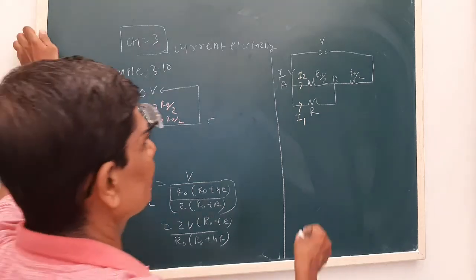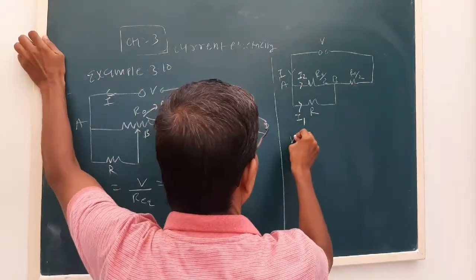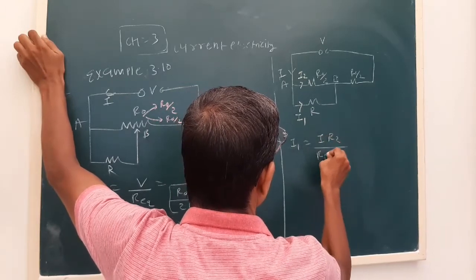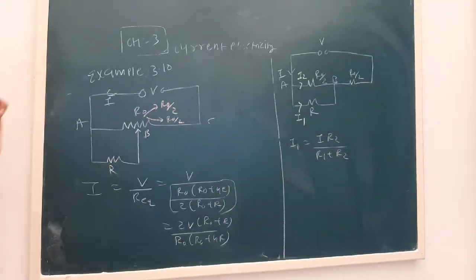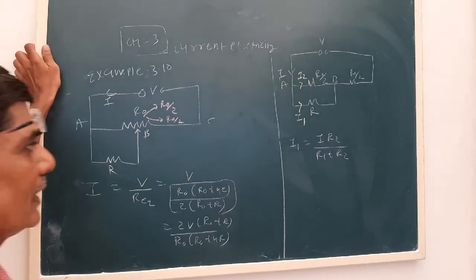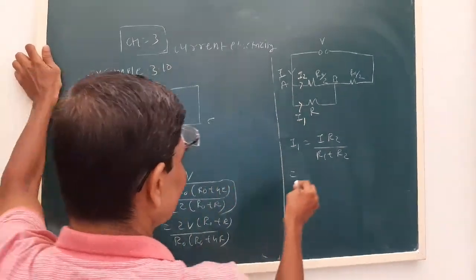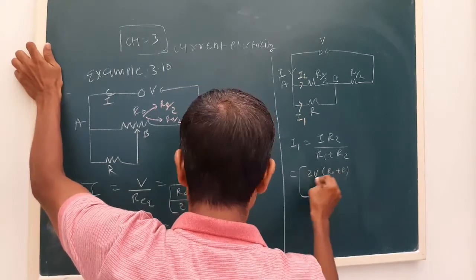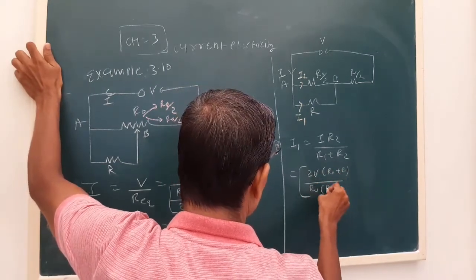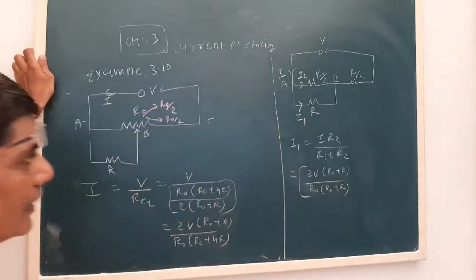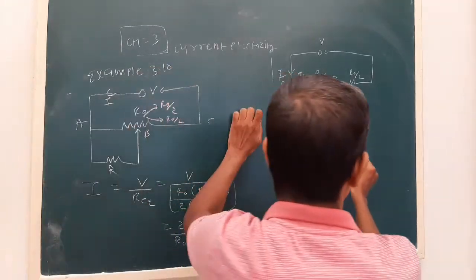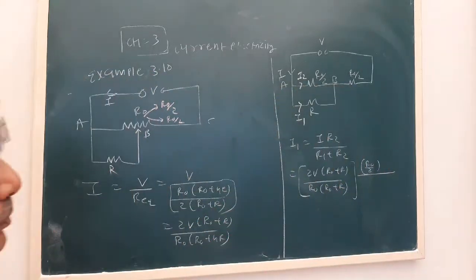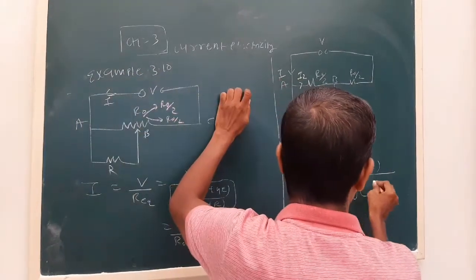So first we find out the current, that is I1 is I R2 upon R1 plus R2. So I1 is, I is this, 2V R0 plus R upon R0 plus 4R. R2 here will be R0 by 2, upon R1 plus R2.